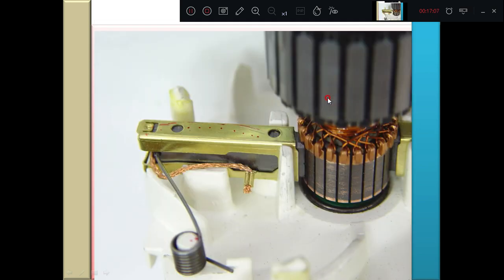Here you can see the armature conductors, the commutator segment, and the brush assembly touching the commutator segment. The induced voltage is AC here, and the brush carries the DC current to the load. How exactly you get the DC from the AC, I will explain when explaining the commutation process in the principle of operation.